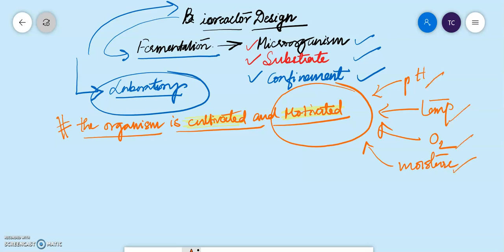From there comes the importance of your bioreactor and the bioreactor design, which will give you that ambient environment where the organism will not only be cultivated, but, more importantly, motivated to grow. That is why this particular chapter is so important, and you require to understand it before you move on to the depth of various other fermentation processes.